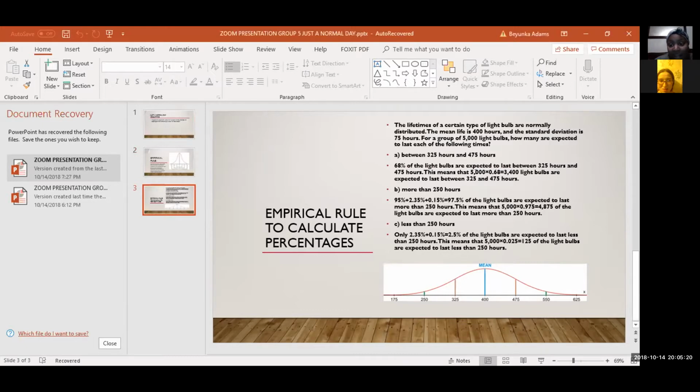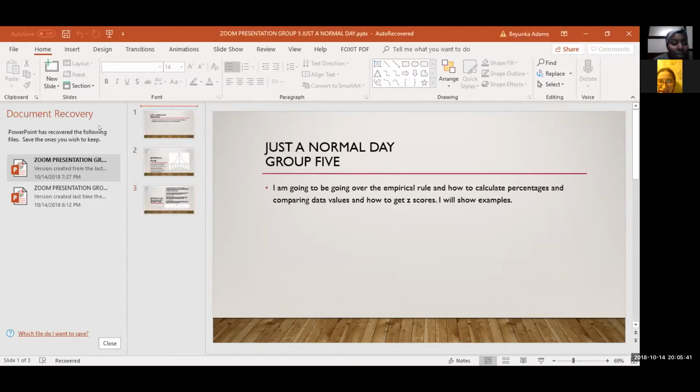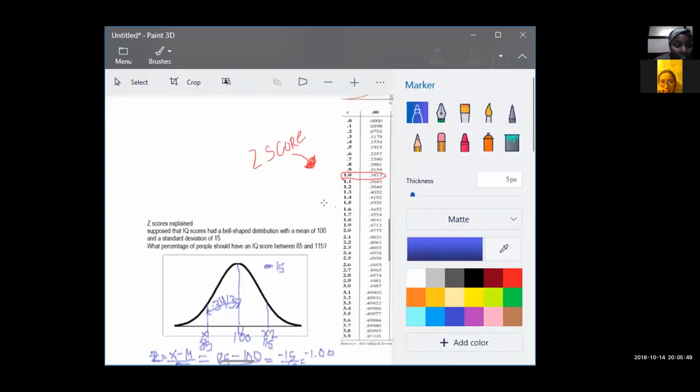This means that 5,000 times 0.68 equals 3,400 light bulbs are expected to last between 325 and 475 hours. And so on with the rest of the problems and how to calculate percentages using the empirical rule. Now I will be showing you about the z-score and how to find it.